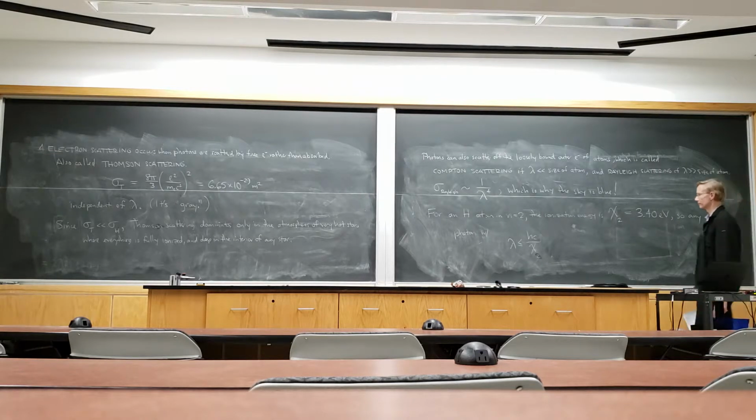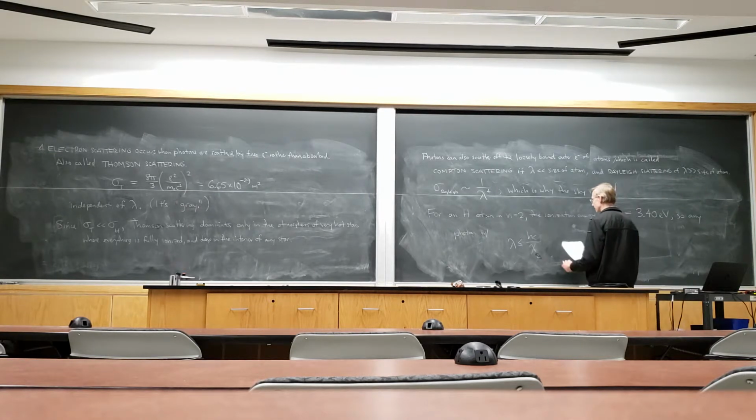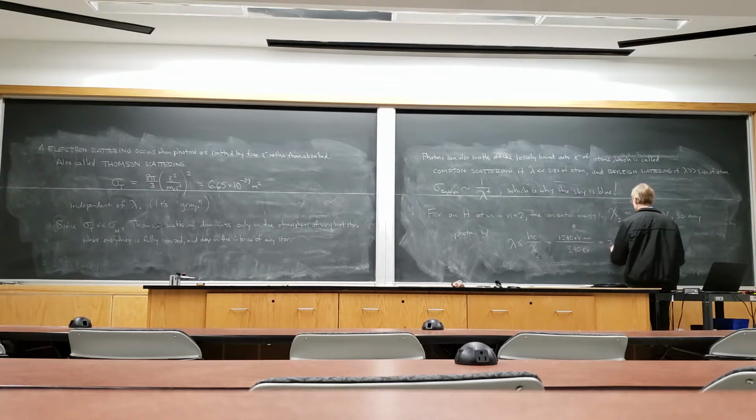So any photon with a wavelength shorter than hc over chi2. hc, remember, is 1240 electron volt nanometers, and chi2 is 3.40 eV. That's 365 nanometers.